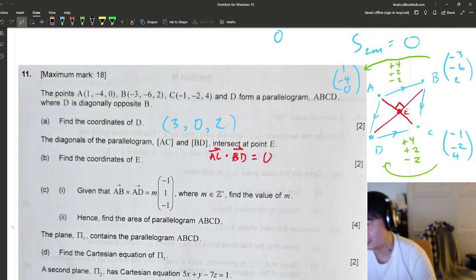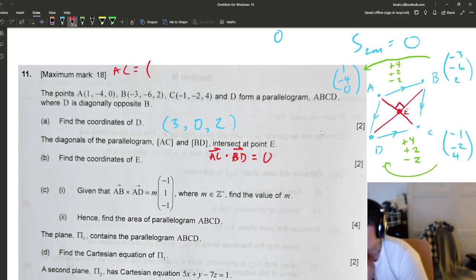Okay, so what the heck is AC? AC is 1 minus -1, which is 2, -4 minus -2, which is -2, and then 0 minus 4 is -4.